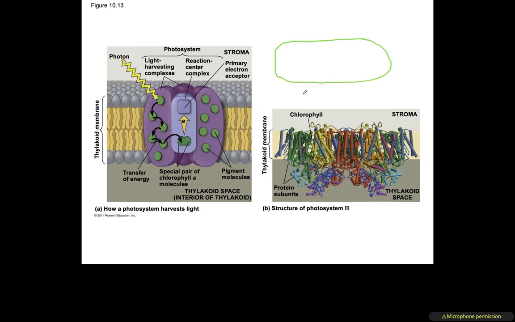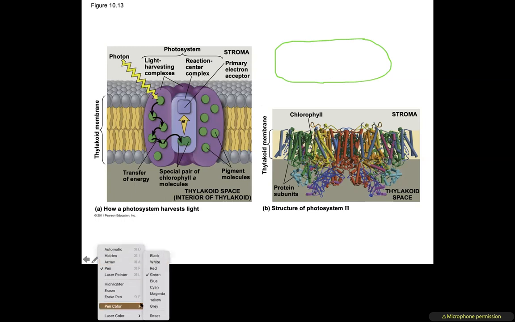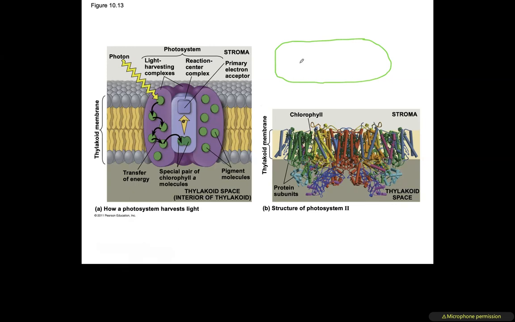On the inside is the thylakoid space. Back to black. Because it's so hard to write with my little tiny mouse, I'm just going to put TS, and TS is for thylakoid space, right? And then on the outside here is the stroma.